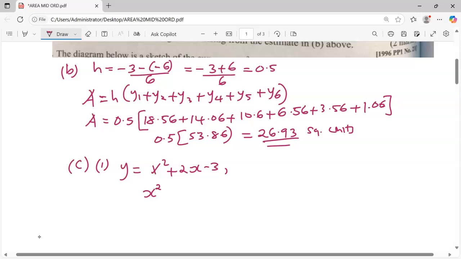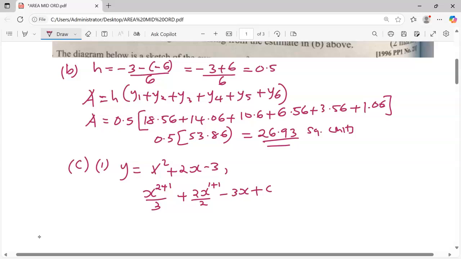We have x squared. Remember, under integration, we add 1 to the power, we divide by the total new power, which is 3, plus 2x. This is as if it's raised by 1. We add 1, then we divide by the total new power, which is 2, then minus 3. We introduce back the value of the x component, and of course we can now add c, which is a constant of integration.